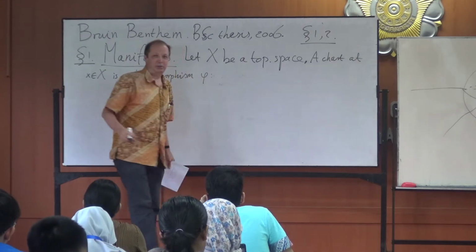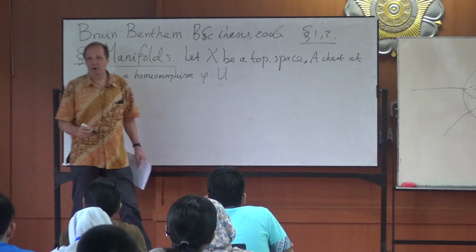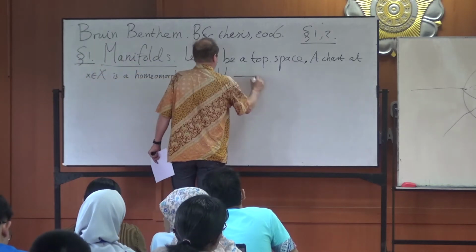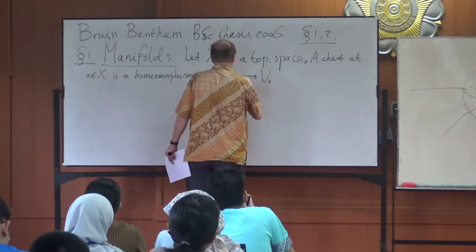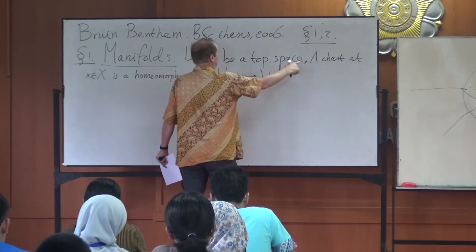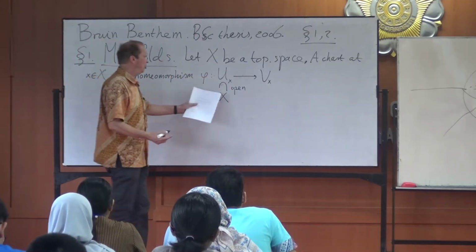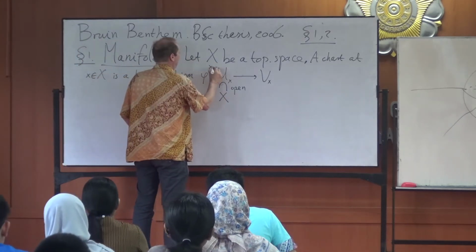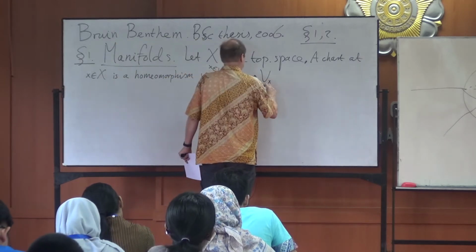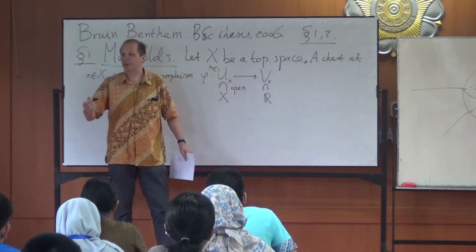I'm not going to look at these notes, so it may very well be that in the notes the notation is different. This Ux is an open subset of X. Remember that X is a topological space, so I know what open subsets are. I want an open subset that contains the point X, and it should be a homeomorphism to Vx, which is open in R to the something.